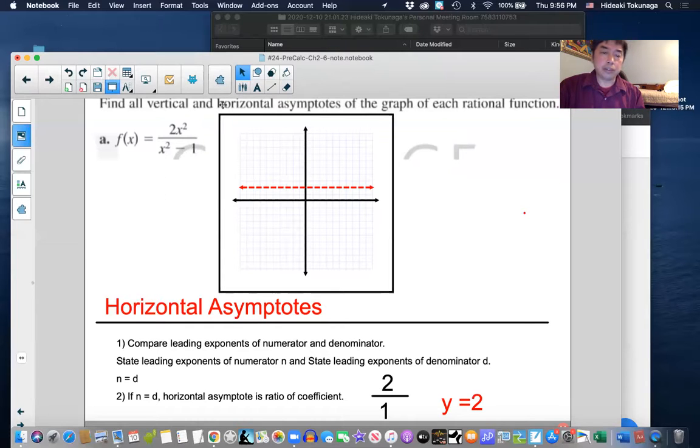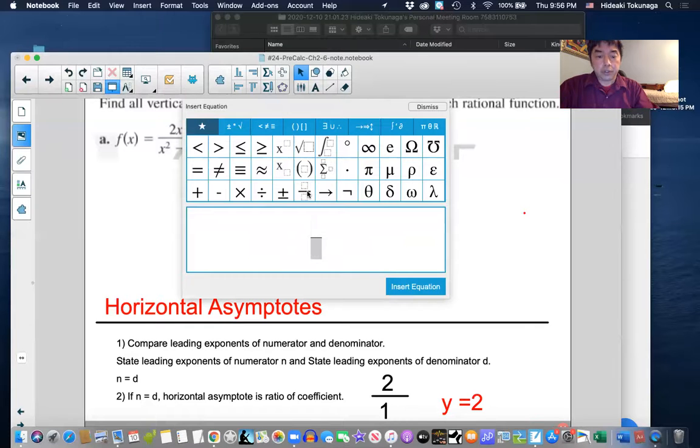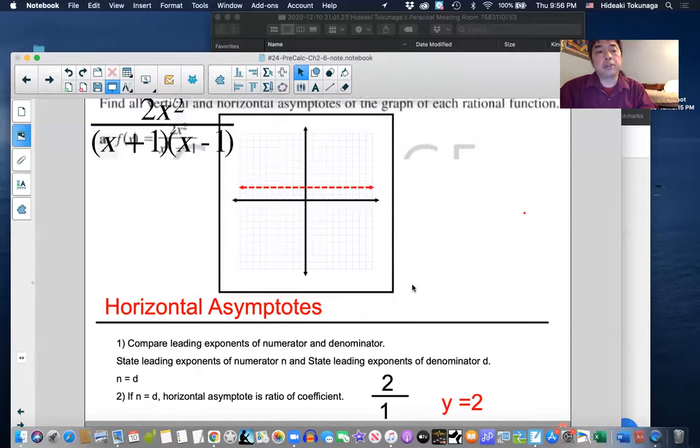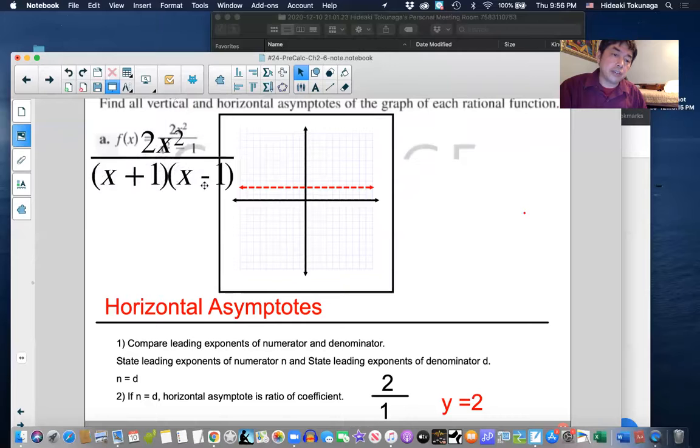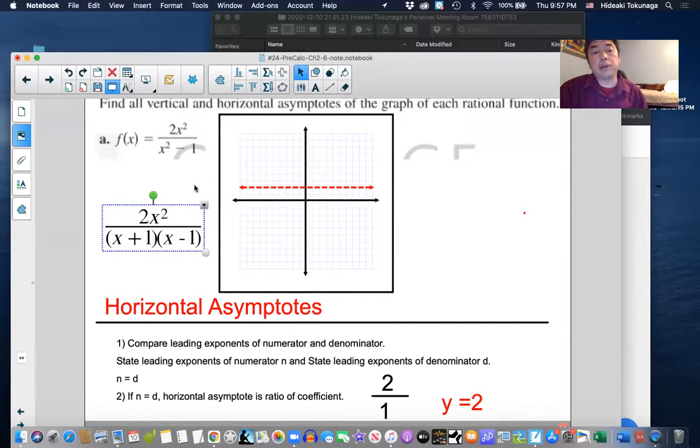So you can rewrite this equation: 2x to the second power over x plus 1 and x minus 1. So this function f of x, you can rewrite this way.